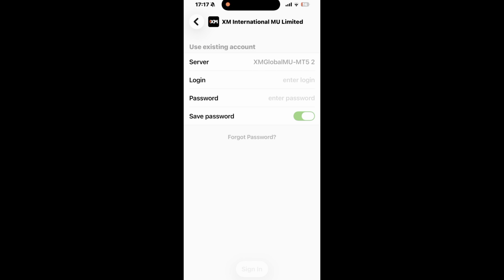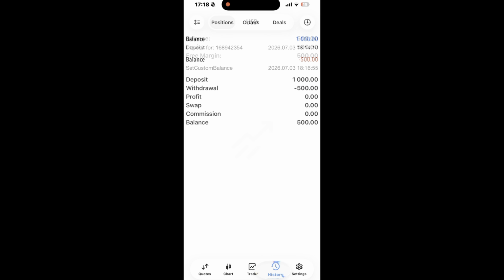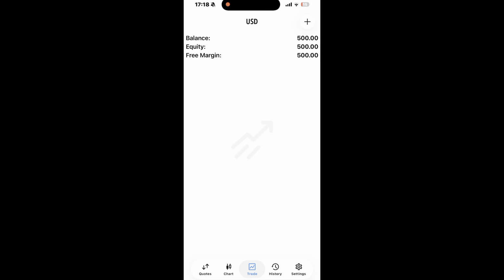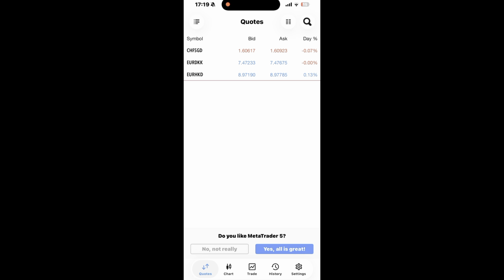On your MetaTrader, you can then log in with the server and all your details. And then you should be logged in and you will see here the watch list, charts, trade, your balance with $500. First, you should clean up your watch list, your quotes, so you can just focus on one asset and remember the price levels, get used to the numbers.